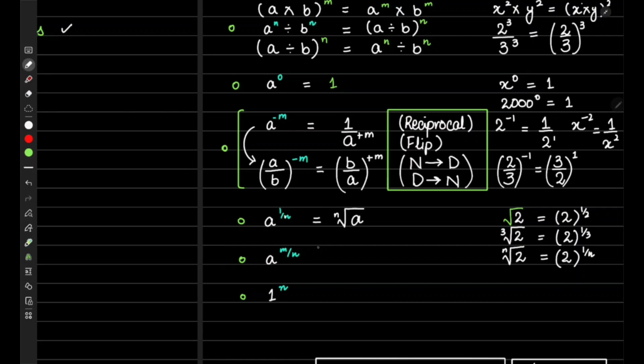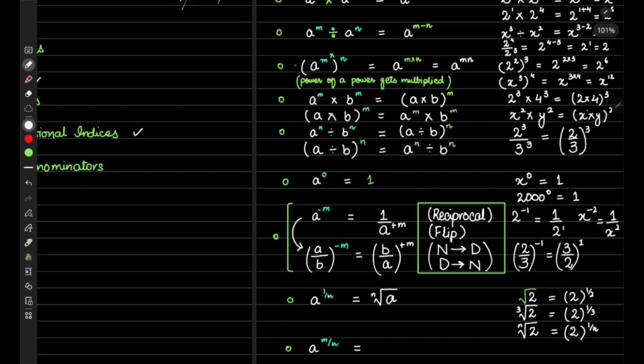Now there is one more variation to this fractional power, and that is you could have a complete fraction in the m over n form. So what does it mean? It means that by using the law where two powers are multiplied, you have m times n.